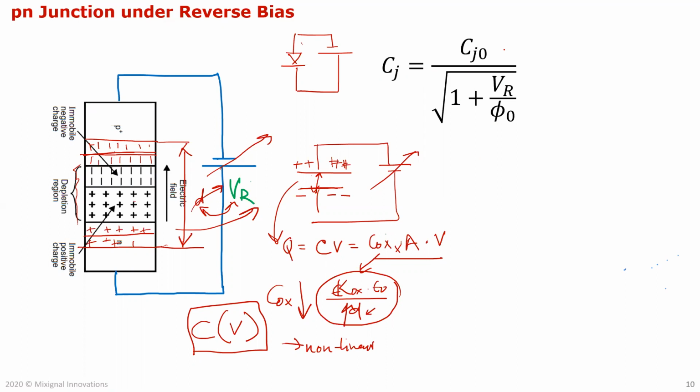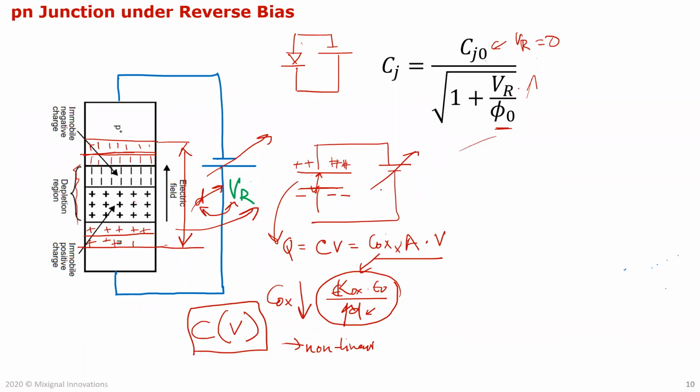This is the unit capacitance, which is the capacitance per unit area at VR equal to 0, because if you substitute VR equals 0, you get Cj equals Cj naught. And as you increase VR, Cj drops, divided by this phi naught value, which is a built-in potential related to your doping and so on.